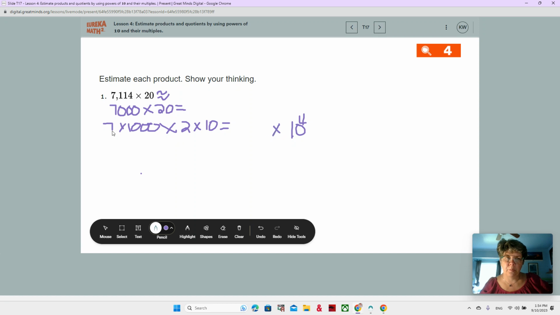Now, 7 times 2, 14. 14 times 10 to the 4th power, 14 and 4 zeros: 1, 2, 3, 4. And then we can go back and put our commas in there. 1,400, I'm sorry, 140,000, right?